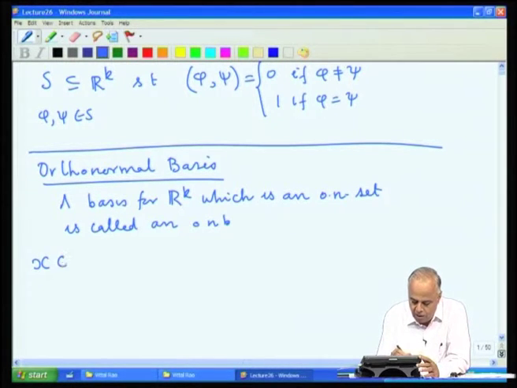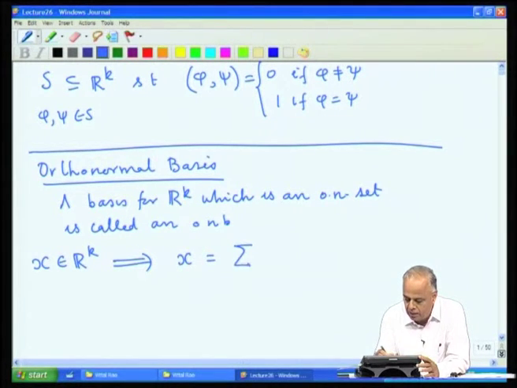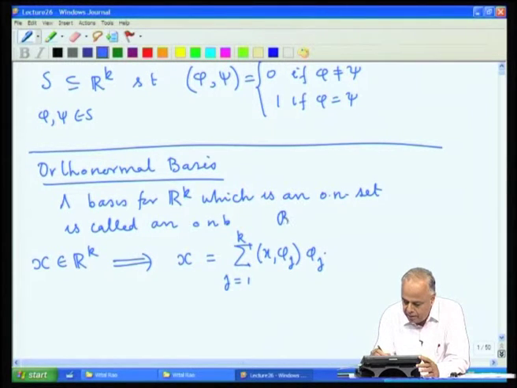So, if we have x in R k, the expansion becomes easy. The vector x can be written as the sum over j equal to 1 to k of the inner product of x with phi j times phi j, where phi j is the orthonormal basis, j equal to 1 to k.